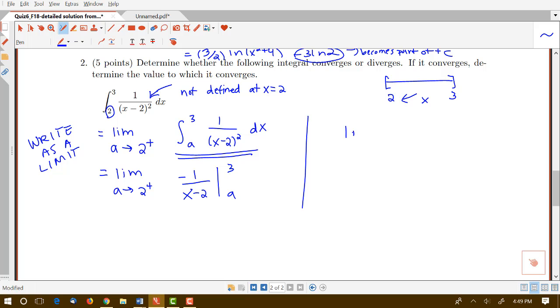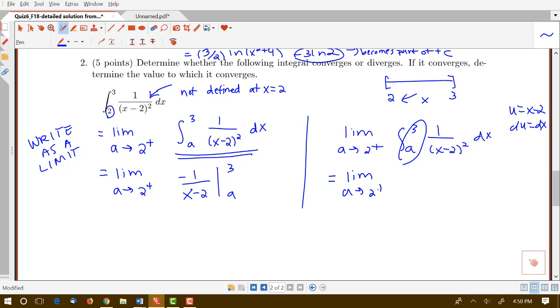If you wanted to do a U-substitution, you'd have the limit as a goes to 2 from the right of this integral from a to 3 of 1 over x minus 2 squared dx. You would do u equals x minus 2, your du is dx, and then you would have to change these limits. So you'd have a limit as a goes to 2 from the right of the integral from a minus 2 to 3 minus 2, or to 1, of 1 over u squared du.